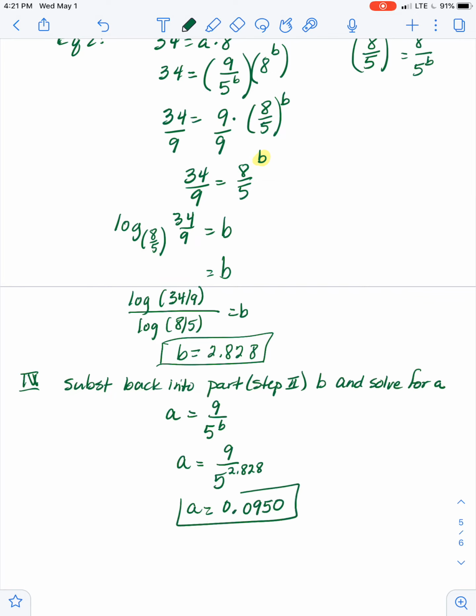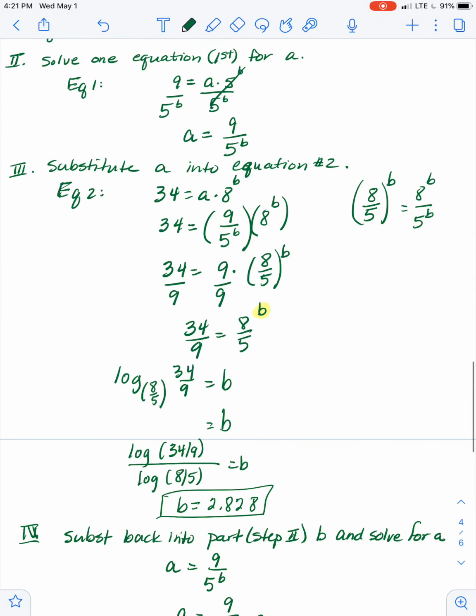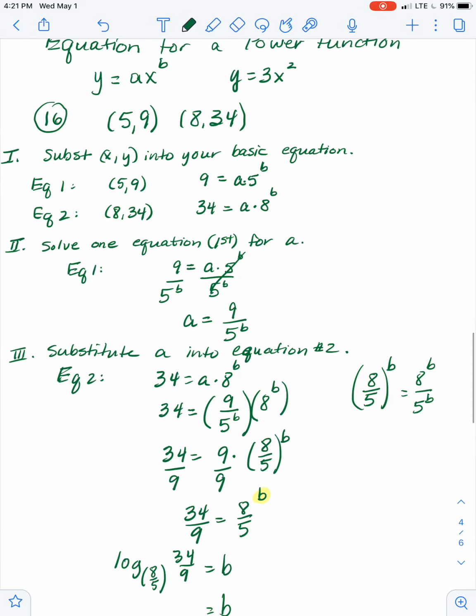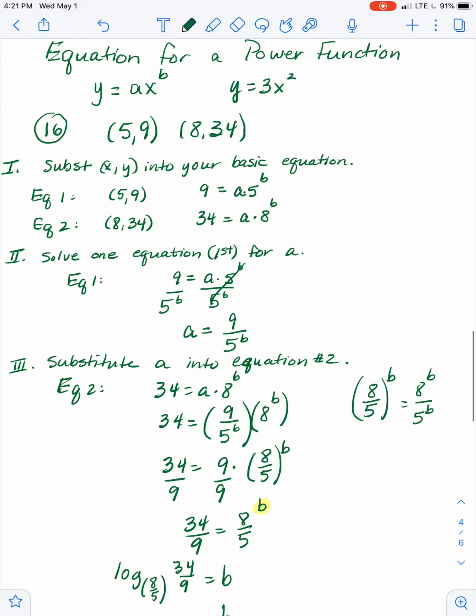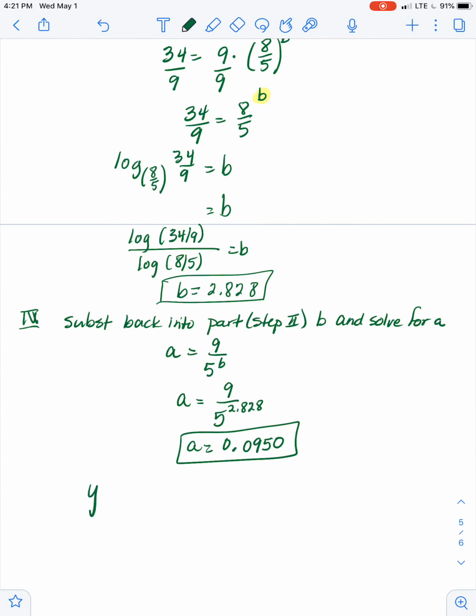You're not always going to get nice numbers on these. So my basic equation, going back to the top, was y equals a times x to the b.